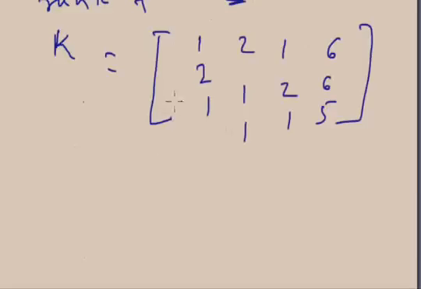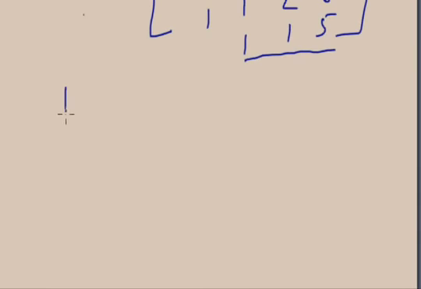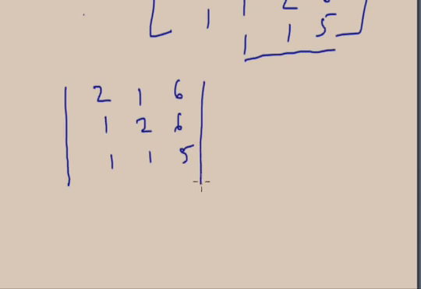Now you are required to find out the rank of the K matrix. So the K matrix is this. Take these 3 columns and find out the determinant: 2 1 1, 1 2 1, 6 6 5.